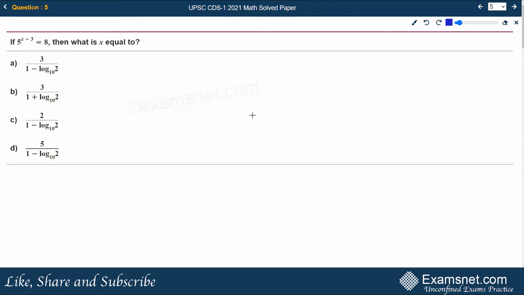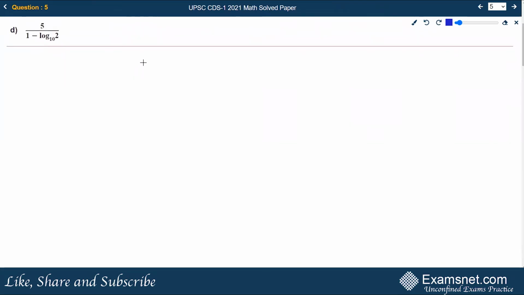In question number 5, we are given that if 5 to the power x minus 3 equals 8, then what is x equal to? First, let me write the given expression, that is 5 to the power x minus 3 equals 8. 8 can be represented as 2 to the power 3, correct?